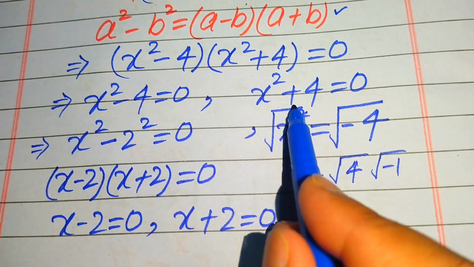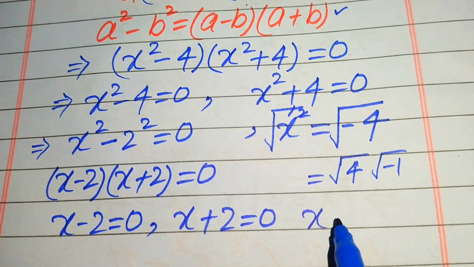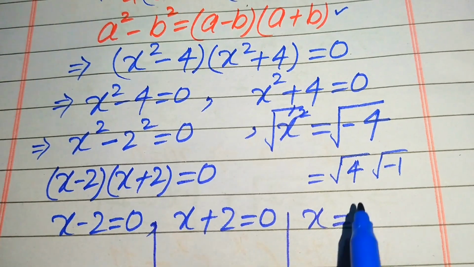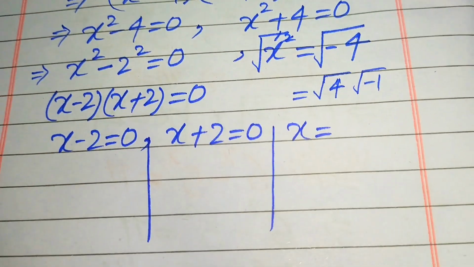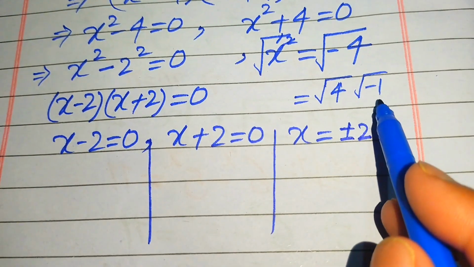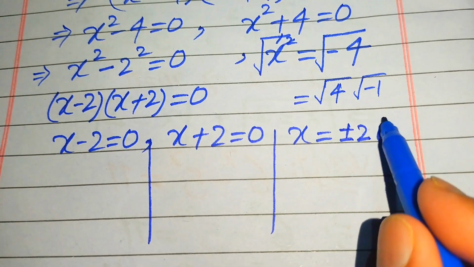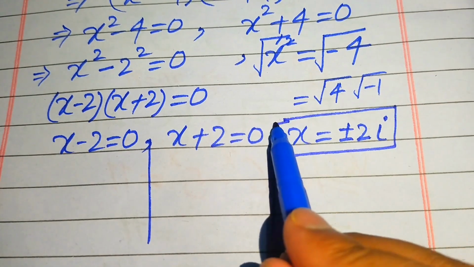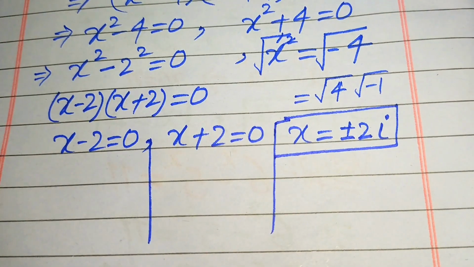From the left hand side the square and square root are gone and we get x is equal to, we know that square root of 4 is plus minus 2, into, we know that square root of minus 1 becomes iota. So these are the first two complex roots of the given equation.